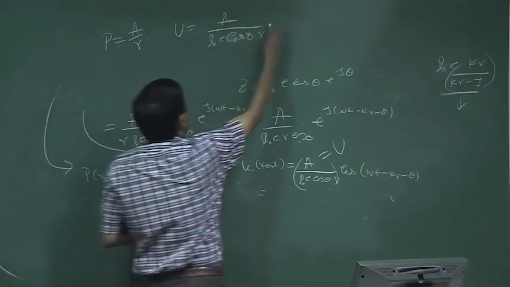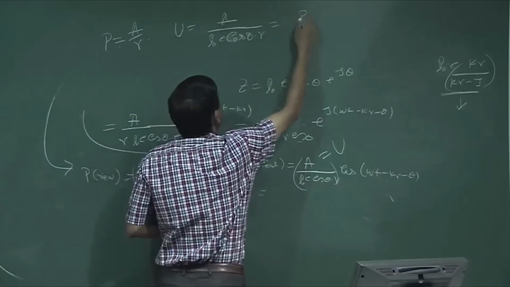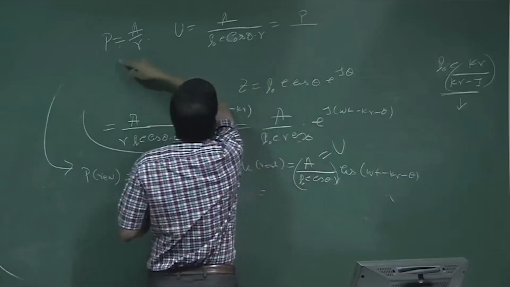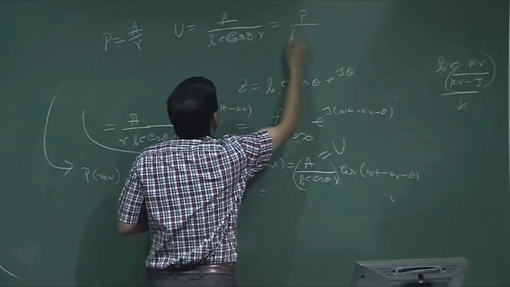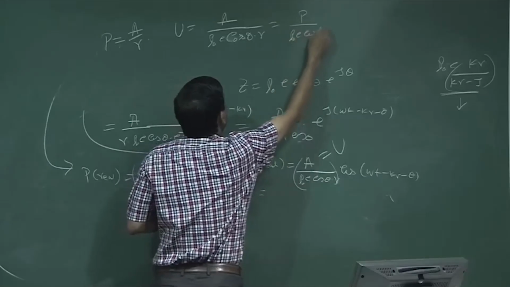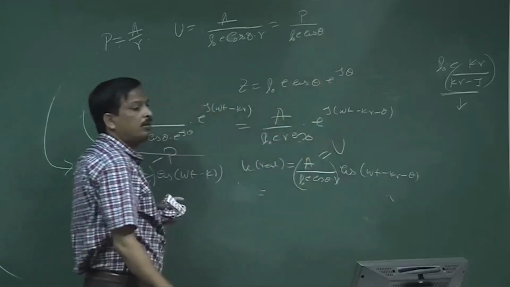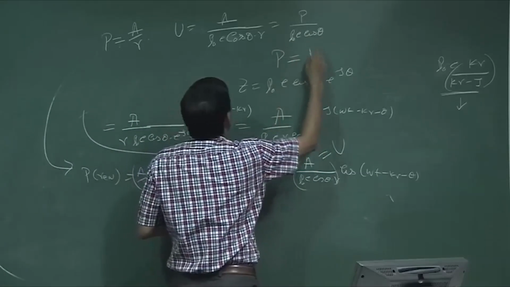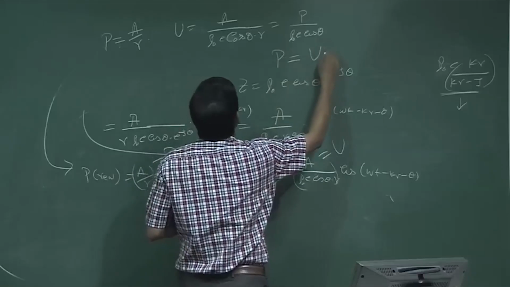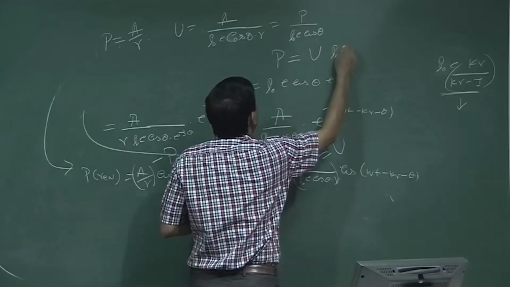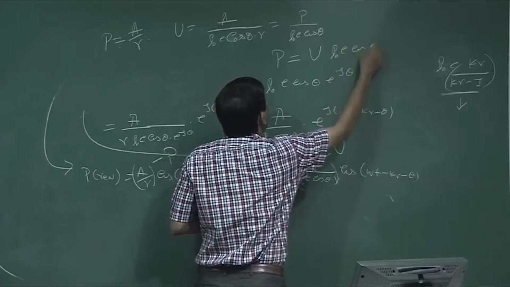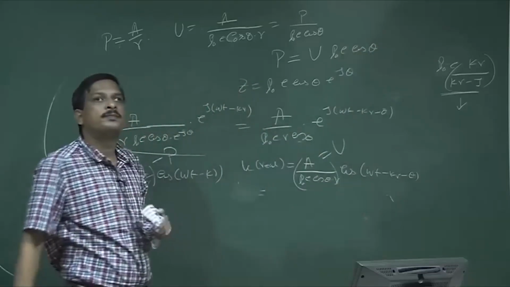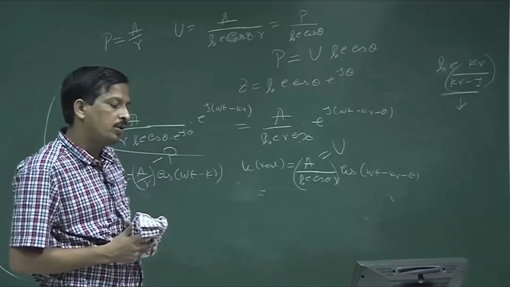So, A by r is nothing but capital P, and r is not there in the other, so I can write capital P is nothing but capital U into rho 0 c cos theta.